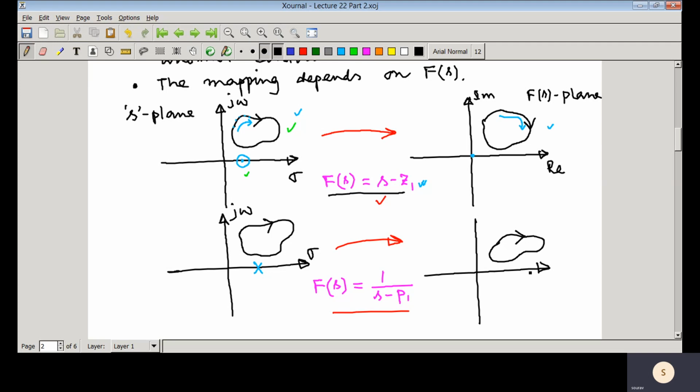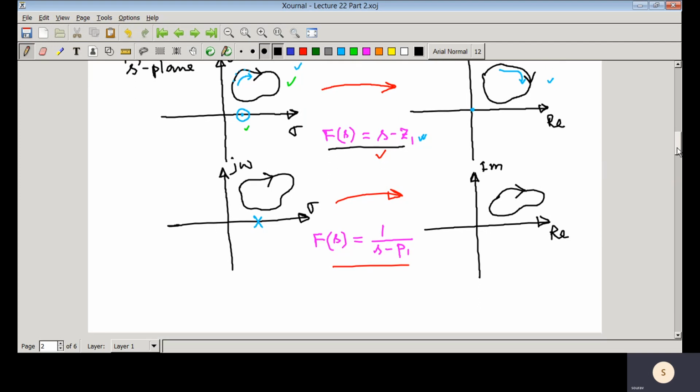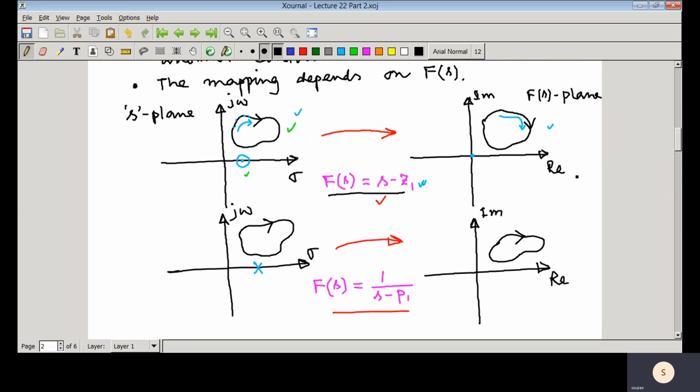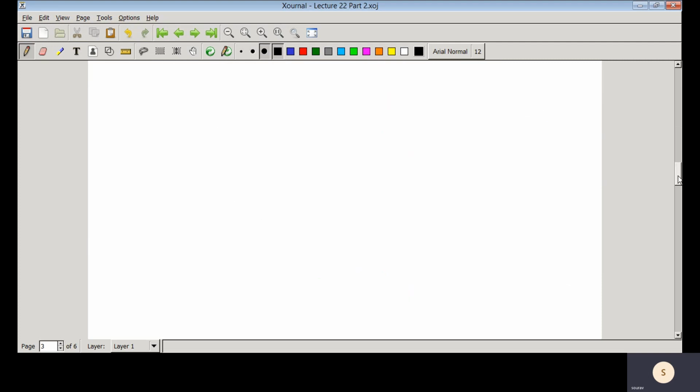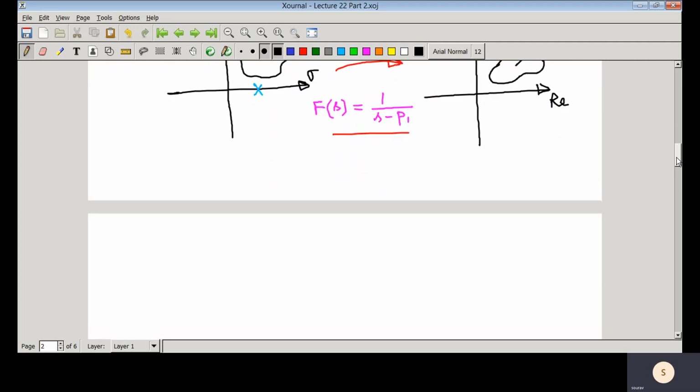That means it would be in the clockwise direction and it does not encircle the origin. So we have seen that in the S plane, if we consider a contour that does not encircle any pole or zero of the function, the direction of that contour remains the same in the F(s) plane and it does not encircle the origin. So this is the result.